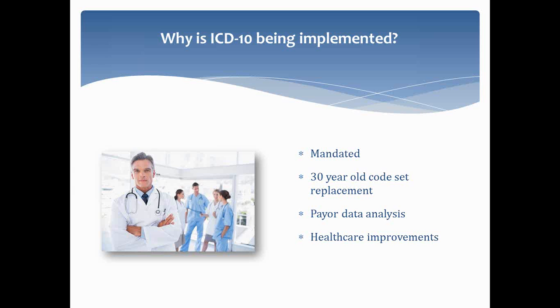The ICD-9 code set is very limited in terms of numbers. They're starting to actually run out of space for new codes in some areas. The ICD-9 code set also doesn't capture the level of detail and specificity that payers are requiring, that CMS is requiring, and that the healthcare industry as a whole is requiring to be able to document such things as differentiation of risk and severity, which parameters are used to differentiate disease manifestations, data included with the codes that would help optimize claim reimbursement.